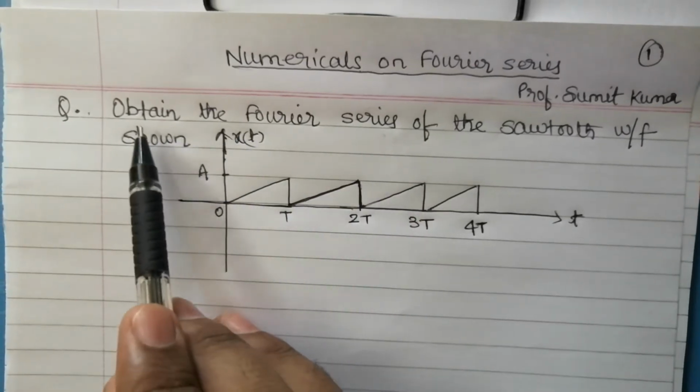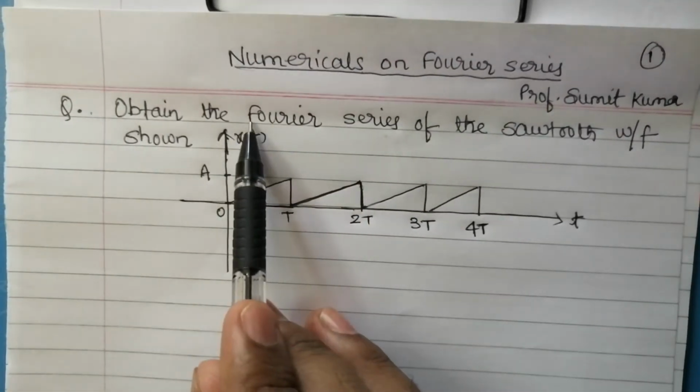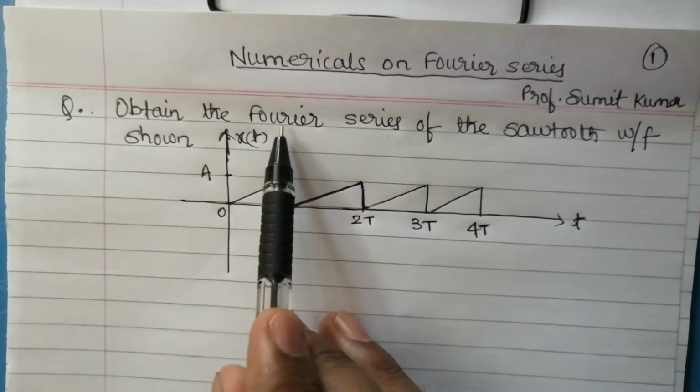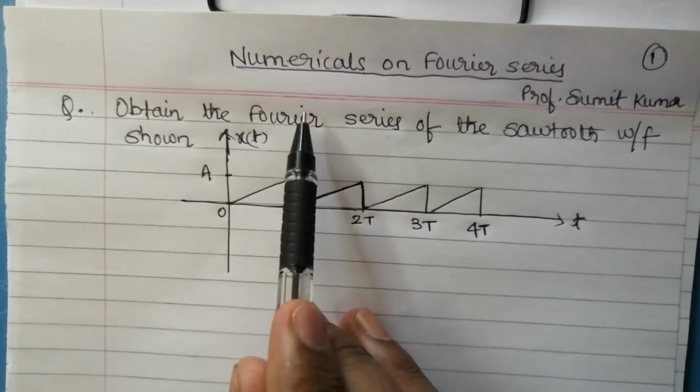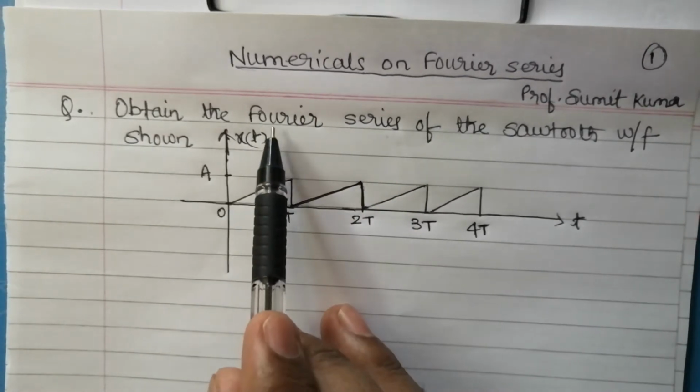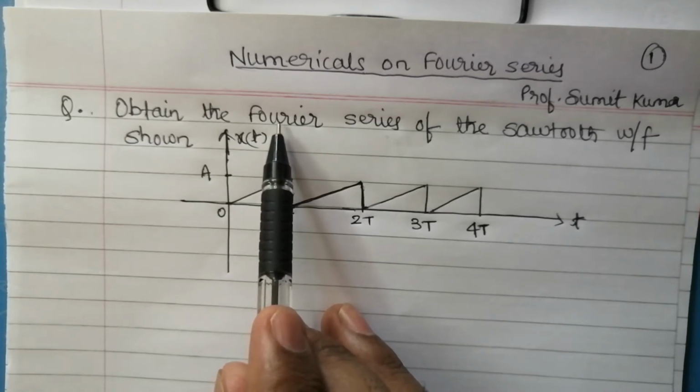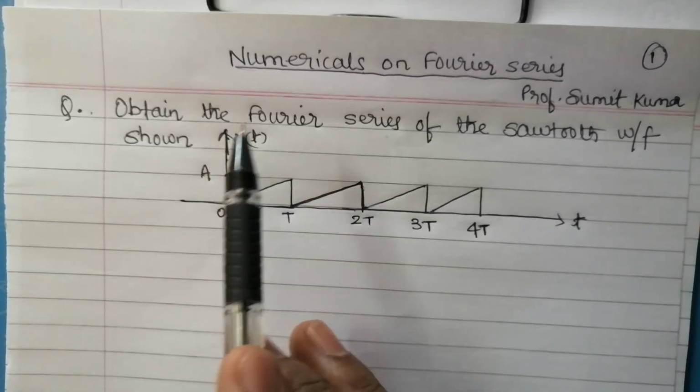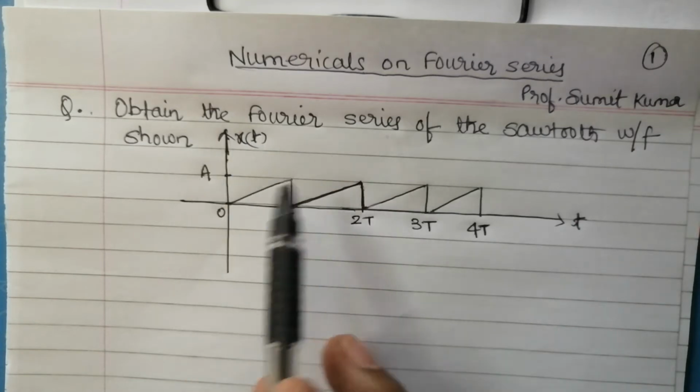Observe it carefully that in this particular numerical it has not been mentioned which particular Fourier series we have to find. We have already seen that there are two types: one is trigonometrical Fourier series, another one is exponential Fourier series.